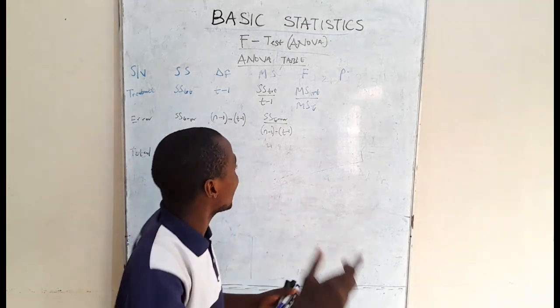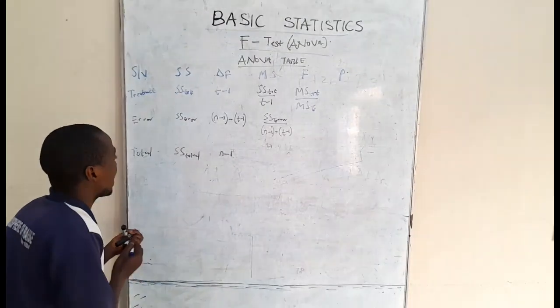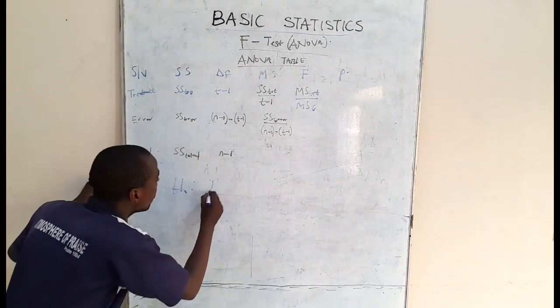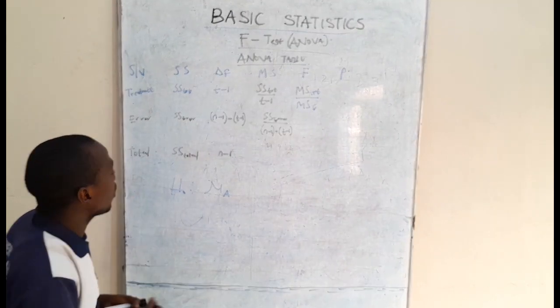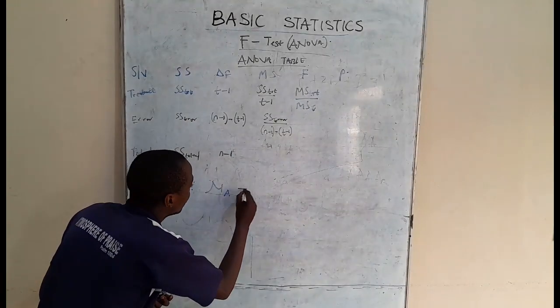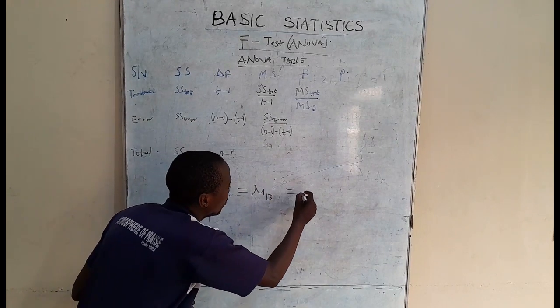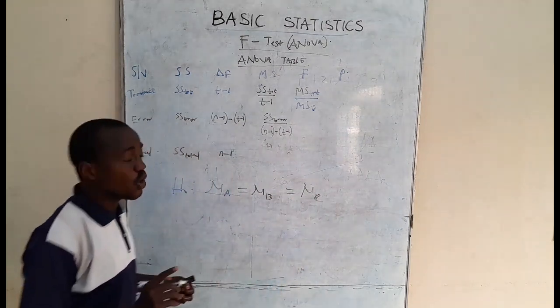Now, in setting the null hypothesis for the F-test, the null hypothesis, which we call H-naught, is that the mean of the first group, let me call it A, is equal to the mean of the second group, let me call it B, is equal to the mean of the third group, let me call it C. That's the null hypothesis.